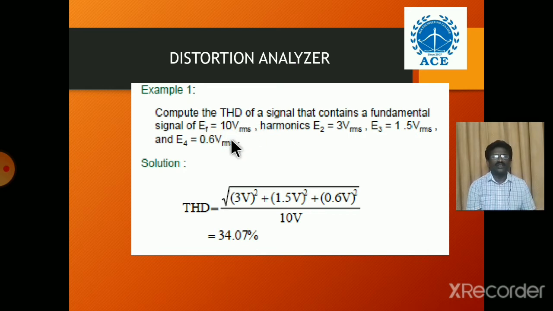Already you know the total harmonic distortion is the square root of E2 squared plus E3 squared plus so on, divided by EF. Substitute the values of E2, E3, E4 and EF here, then you will get 34.07%. This is the percentage of total harmonic distortion.